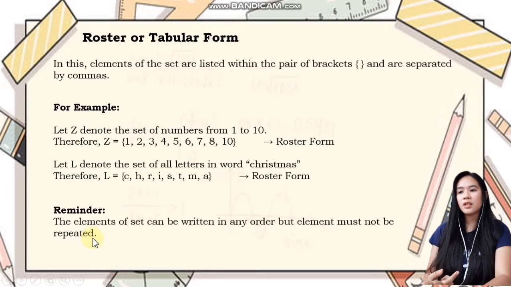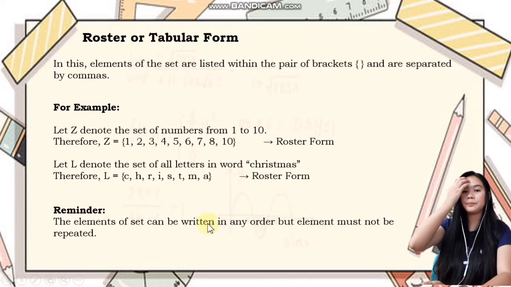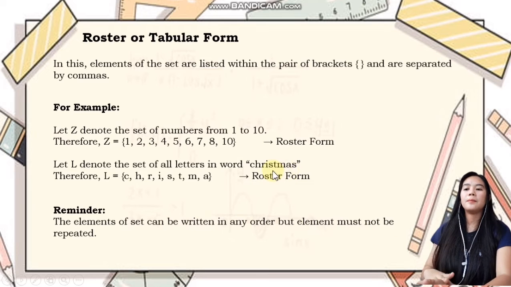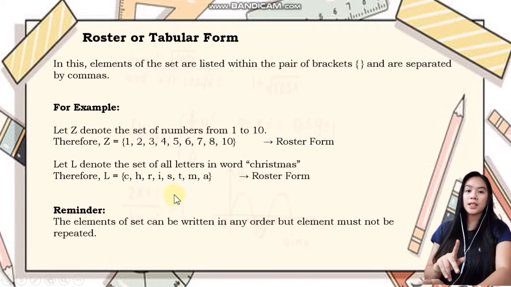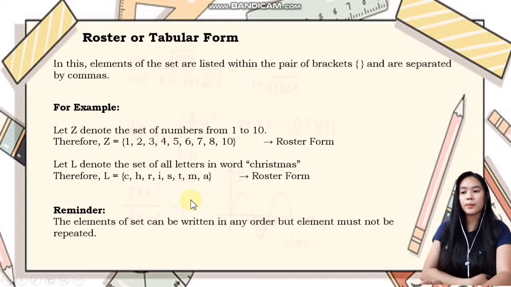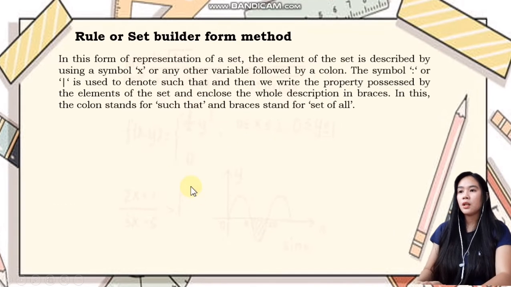So, reminder lang na the elements of a set can be written in any order but elements must not be repeated. Kung mapapansin nyo, dalawa ang S sa ating word na Christmas, pero sa ating set, hindi na siya na-repeat. So, ayan.